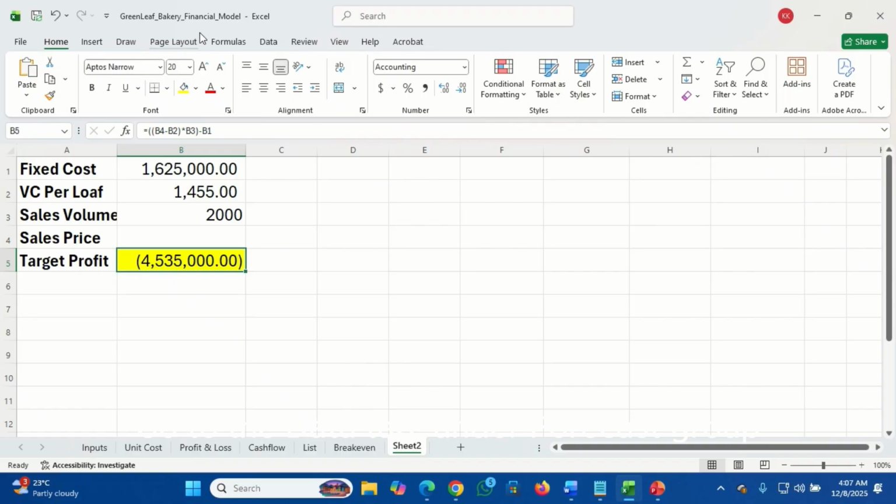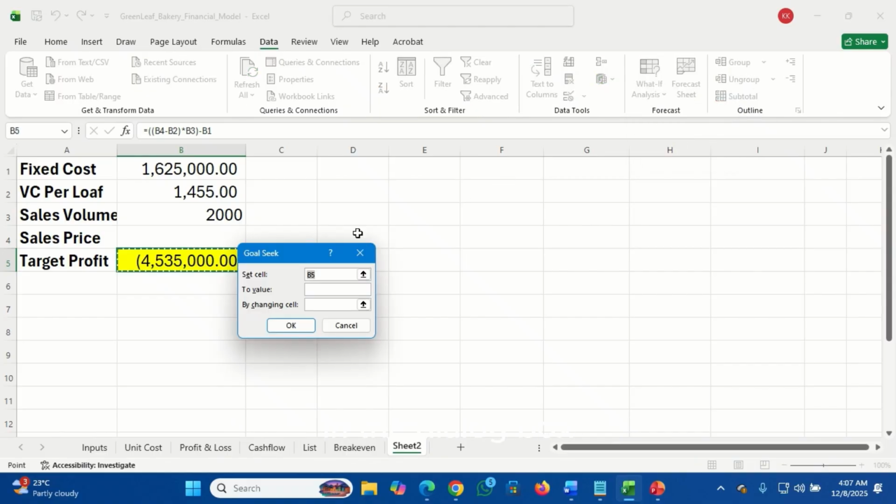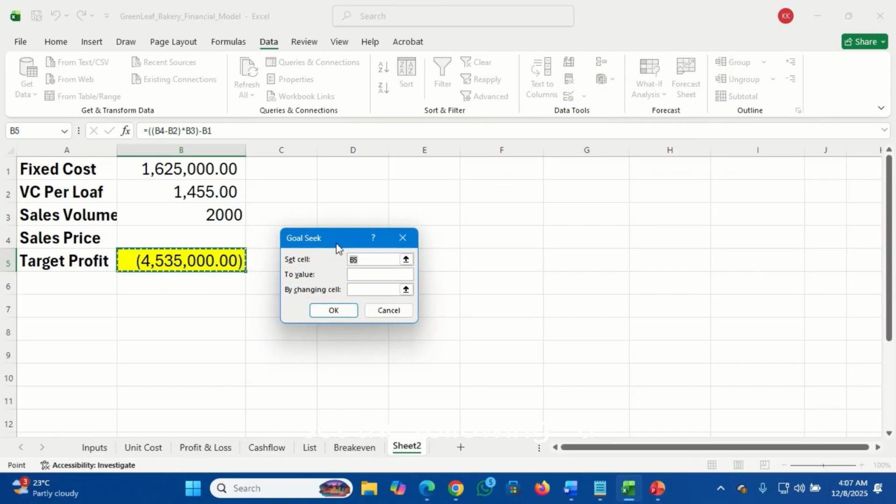Go to the Data tab. Under Forecast group, select What-If Analysis and Goal Seek from the drop-down list. In the dialog box, set the following. A. Set cell equals select the target profit cell. B. To value equals 500,000. C. By changing cell equals select the price input cell.